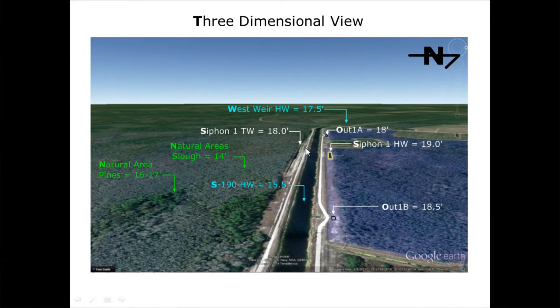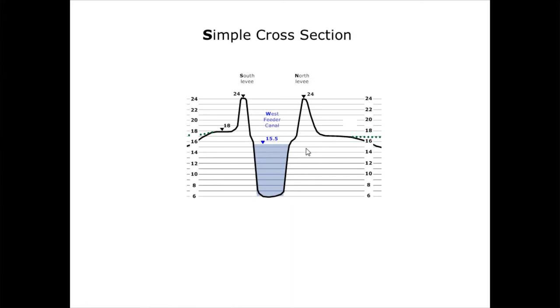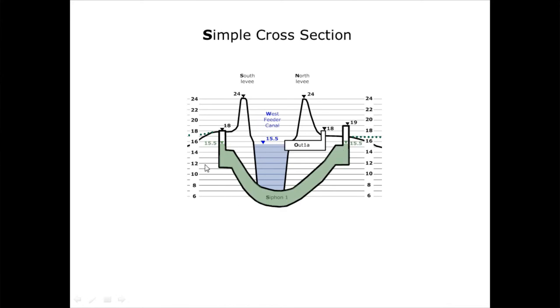So the issue here, in a nutshell, and I think we see it in this cross-sectional diagram, is, again, here's the west feeder canal, here's the south levee, here's the north levee, here's the elevation of the trench, really. So Out 1A discharges right into the west feeder, and the siphon goes underneath. But it's perched so high, the inflow to the siphon, compared to Out 1A, most water is going to be able to discharge through here before it reaches the elevation of the siphon.